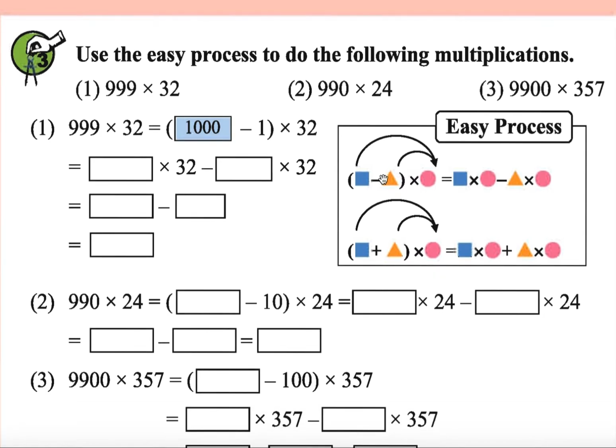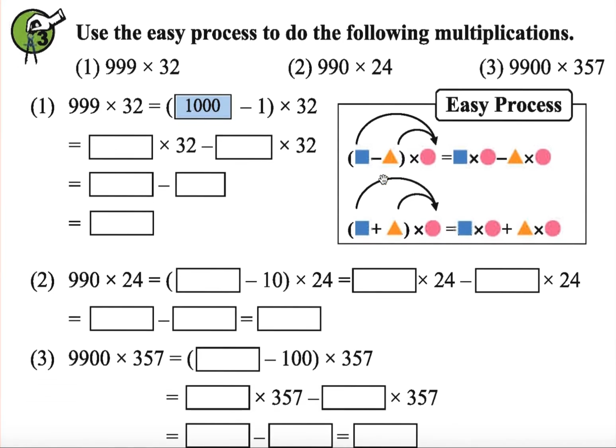Okay. Use the easy process to do the following multiplication. The easy process is, see, this is near 1000. So write 1000 minus 1 into 32. Then this will be 1000 into 32, and 1 into 32. Just expanding: a minus b into c equals ac minus bc.